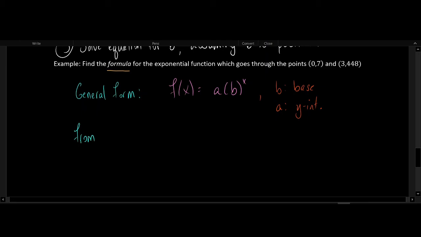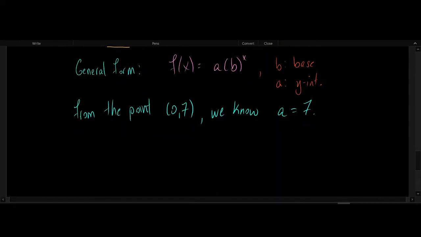From the point 0, 7, we know that the y-intercept is equal to 7, the y value that goes with x equals 0. So all that's left for us to do is to find the base.